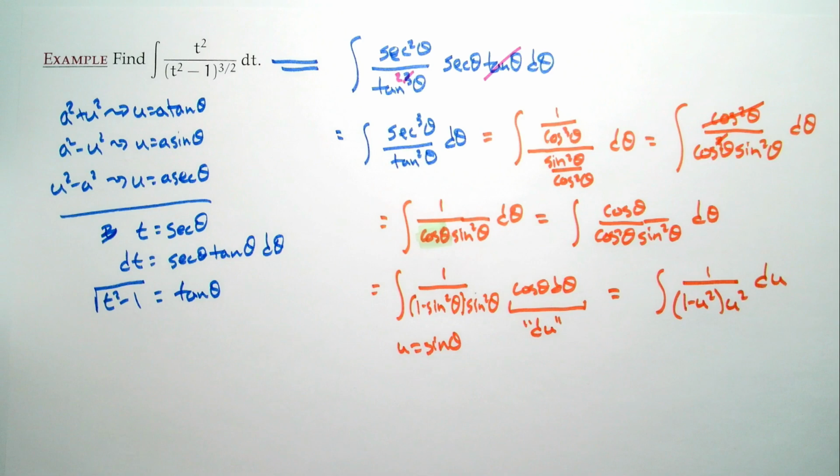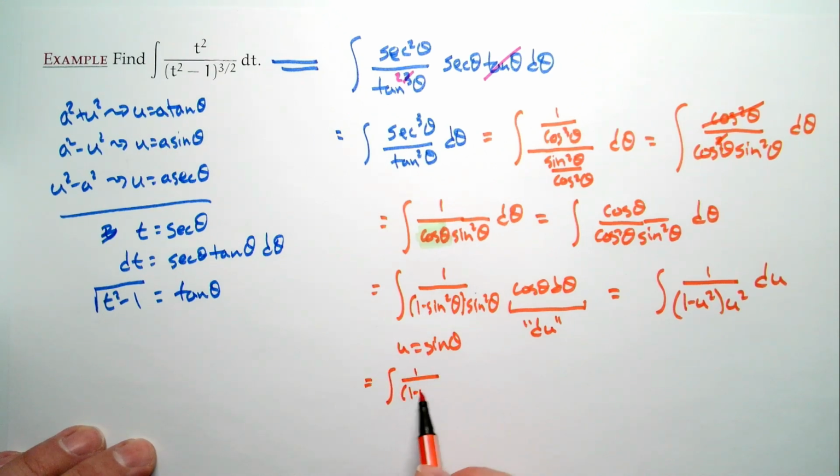Okay, now what kind of problem are we in? We're in partial fractions. All right, what's our next step? We got to keep factoring. Is this fully factored? No, not yet. It's going to be 1 over 1 minus u, 1 plus u, times u squared du.